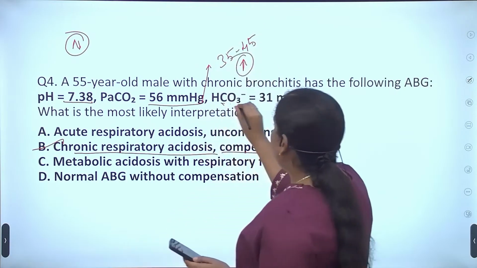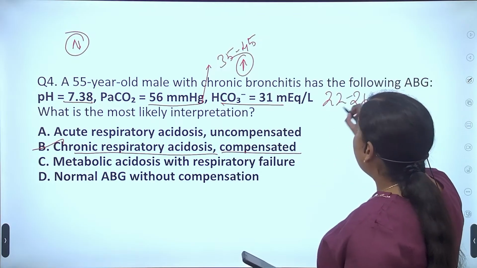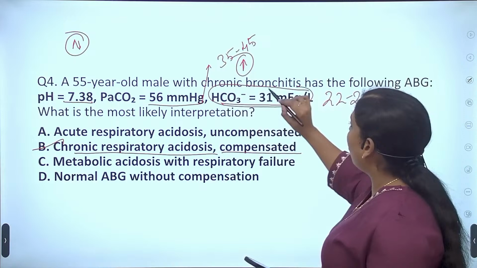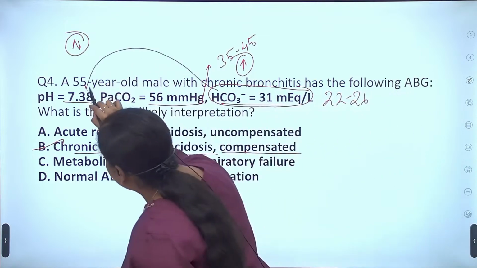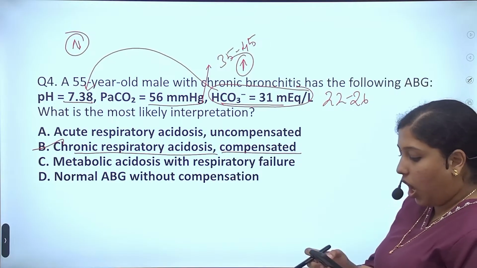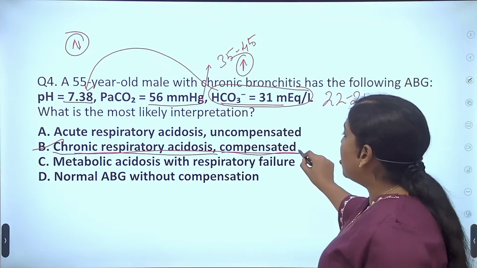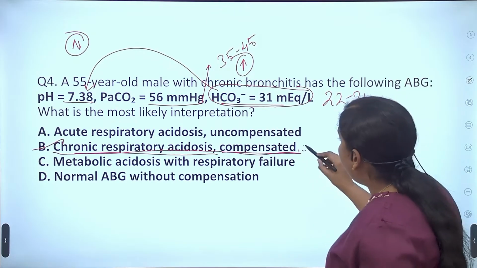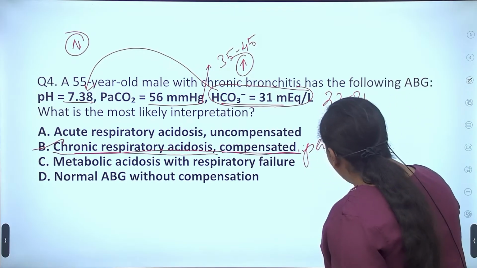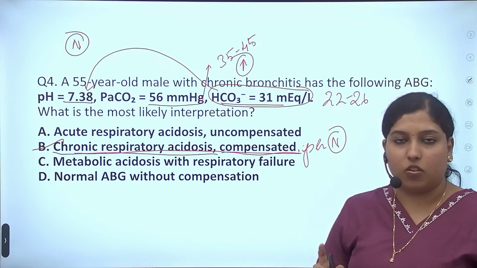And the HCO3 is 22 to 26, which means the kidney is trying to compensate, and it has completed its compensation. That's why it is 7.38. So now you can see the correct answer is chronic respiratory acidosis, which is compensated whenever the pH is normal. Close your eyes and think about compensation.